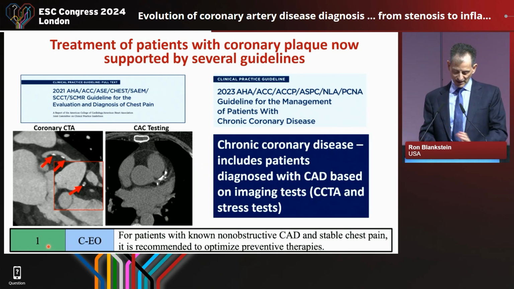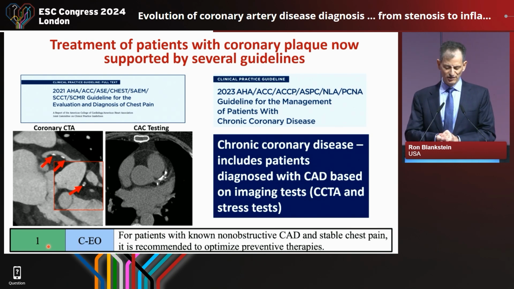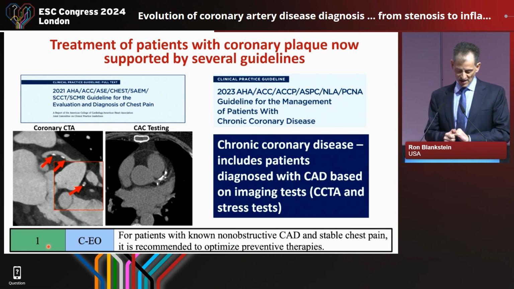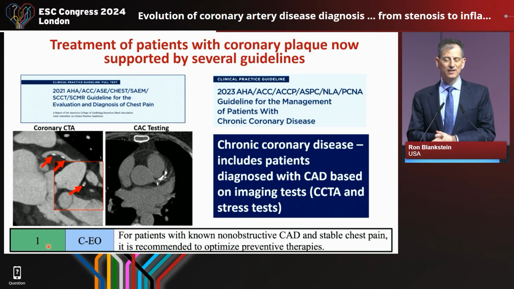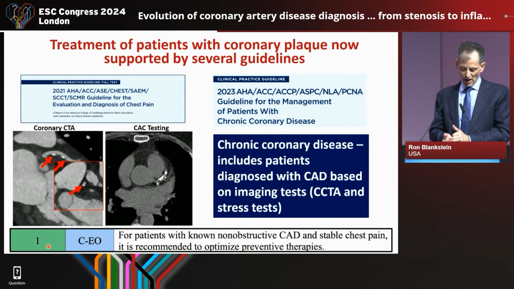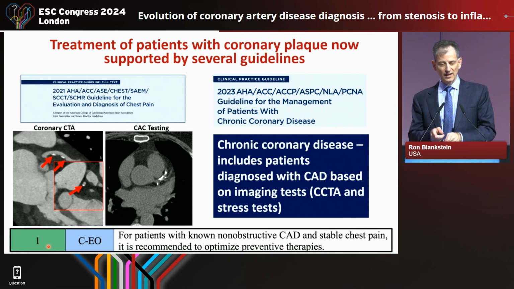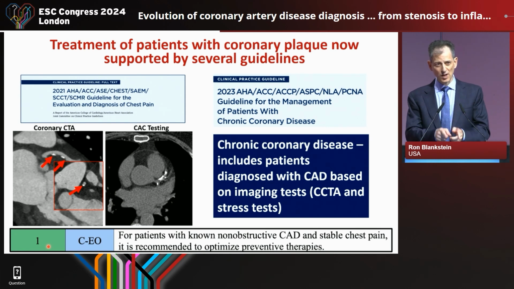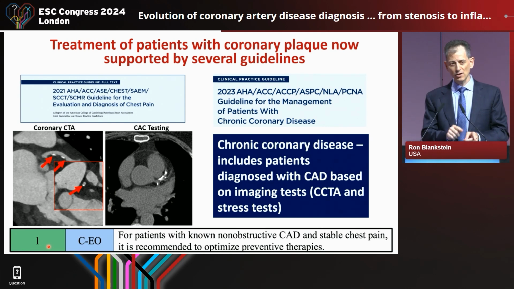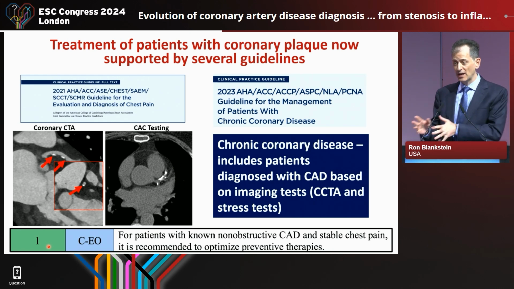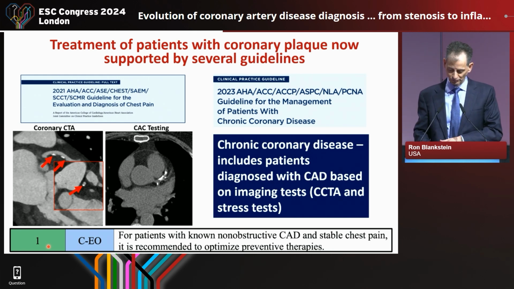In our chest pain guidelines in the US, we now state with a class 1 indication that when patients have non-obstructive coronary disease, it is recommended to optimize preventive therapies. And in the chronic coronary disease guidelines in the US also, we now know that imaging, and specifically anatomical imaging with CT, can be used to diagnose coronary disease and decide which patients to treat with some of our therapies.